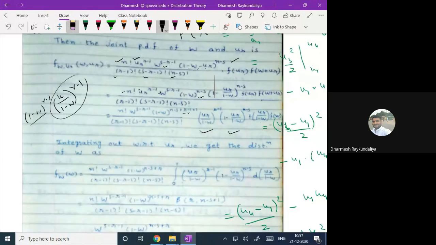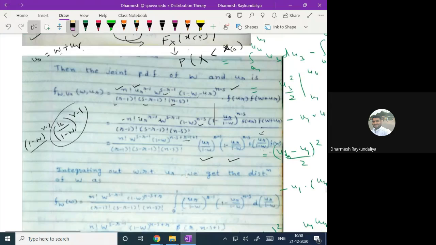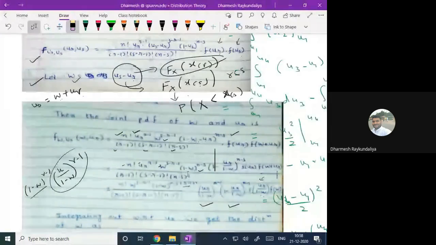Because I have to multiply and then I have to multiply, so 1 minus ur upon 1 minus w. So 1 minus w I am dividing over here, so there is a plus sign here. And then w plus ur, that I have written as w. Why have I written w plus ur as w?